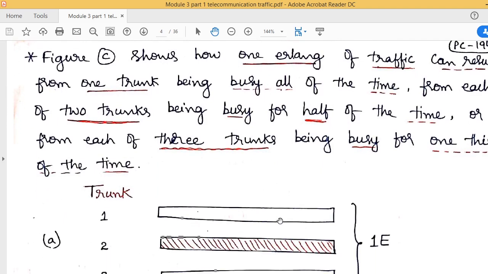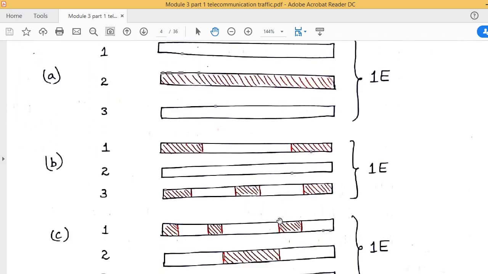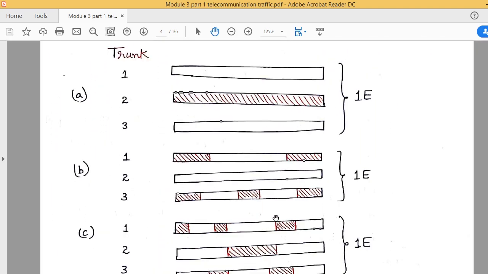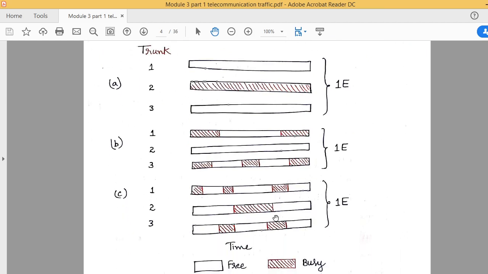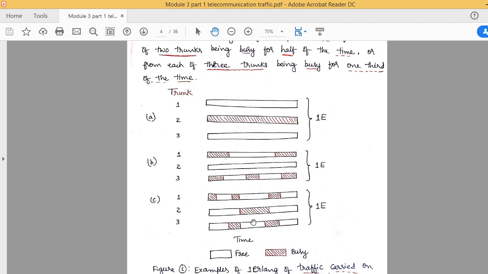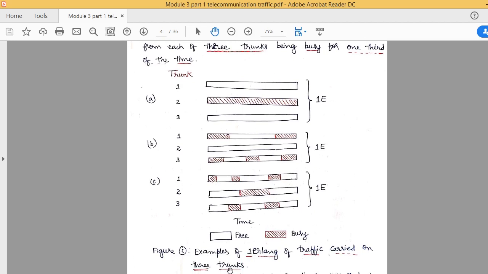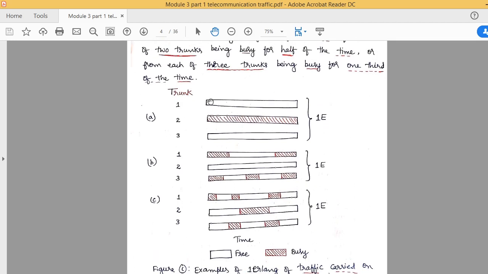So let us consider one figure in which we have an example of 1 Erlang of traffic carried on 3 different trunks. So we have 3 different trunks, trunk 1, 2 and trunk number 3.